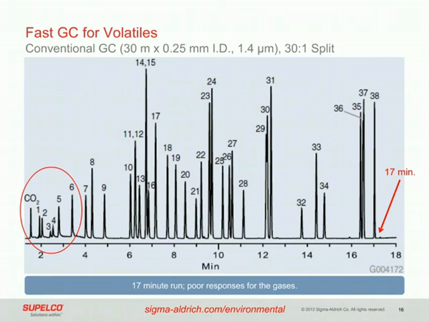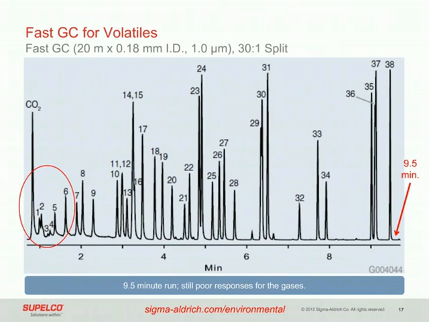Switching to fast GC, we're obviously going to, as we mentioned, shorten the column to a 20-meter column. We're going to decrease the column ID from 0.25 to 0.18. The film thickness will go from 1.4 microns to 1 micron, and we kept the split the same. We've increased the oven ramp rate a little bit, so we're running faster.